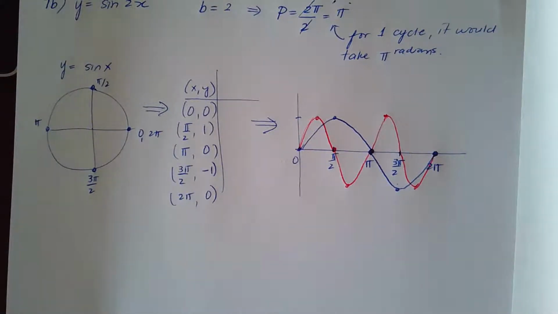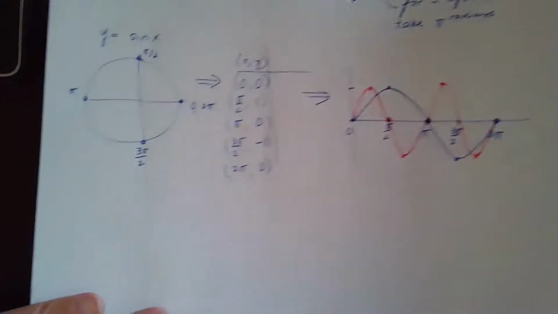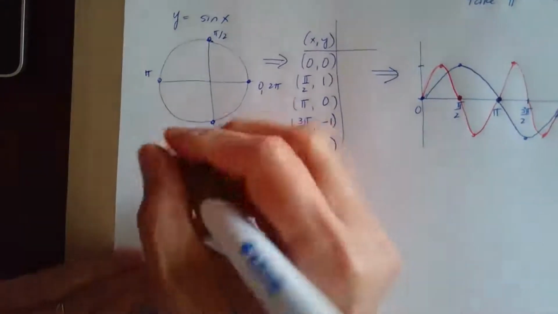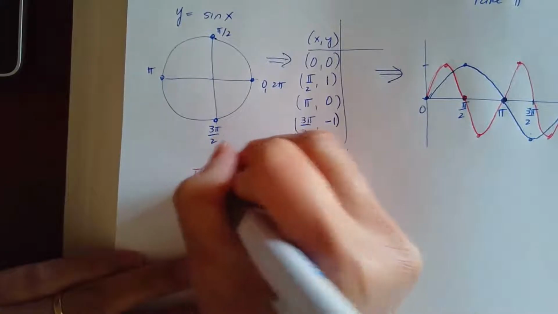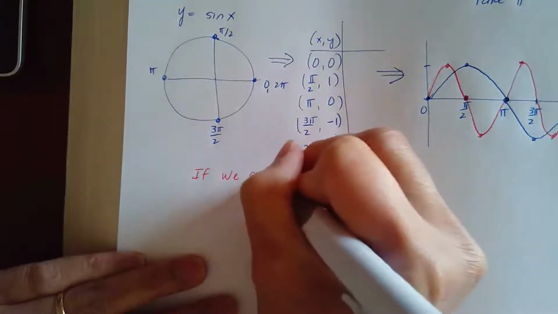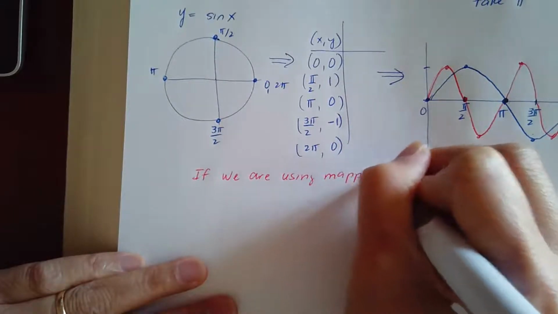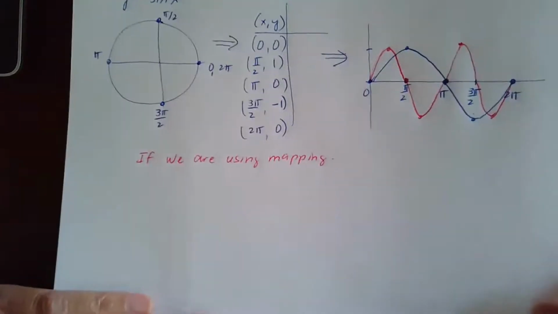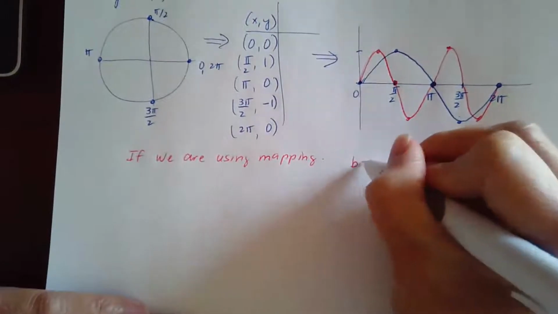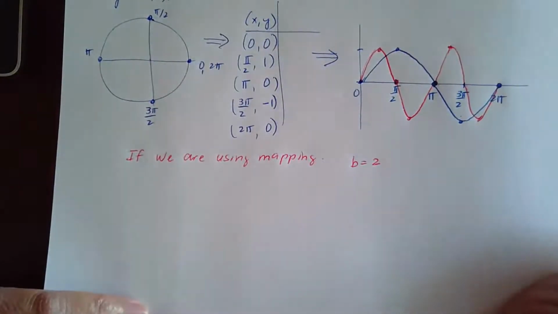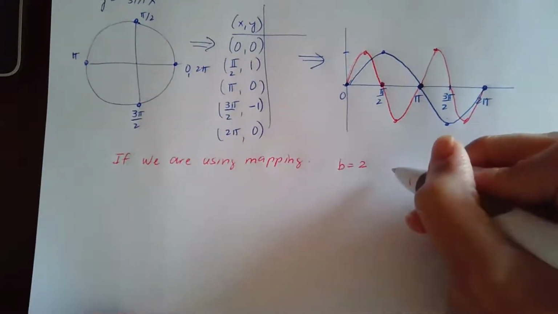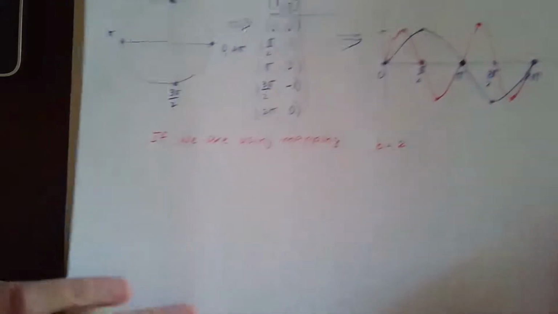Another way of looking at it is in a mapping situation. We said the b is now 2, so the factor is 1 over b.